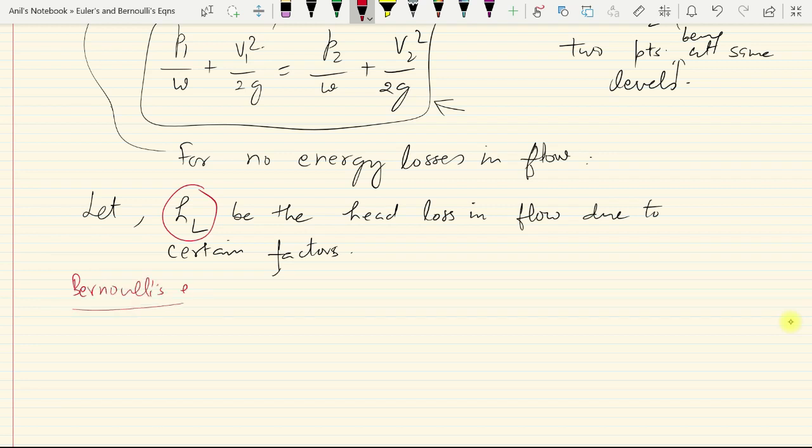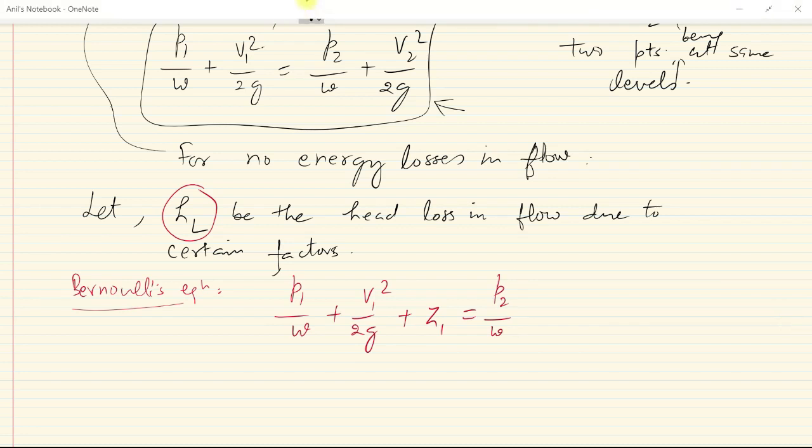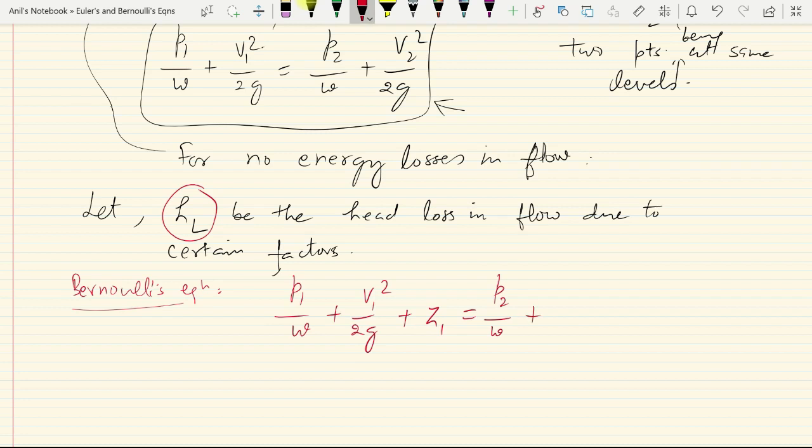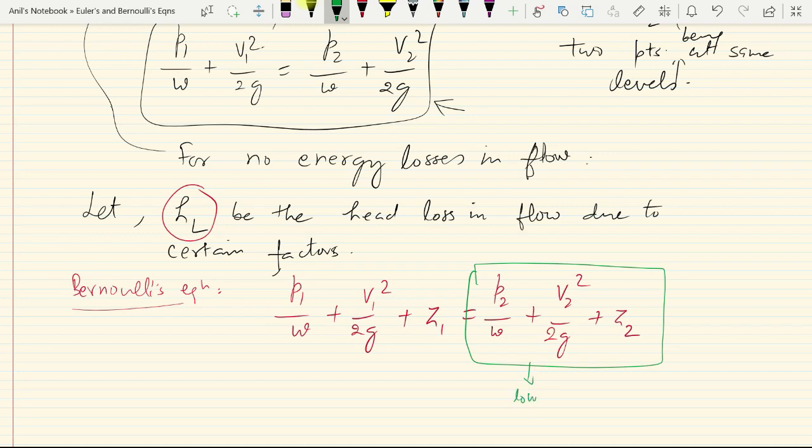In that case, Bernoulli's equation can be expressed as P1 by W plus V1 square by 2g plus Z1 will be equal to P2 by W plus V2 square by 2g plus Z2. This time, due to loss of energy, this head is lower than this head.